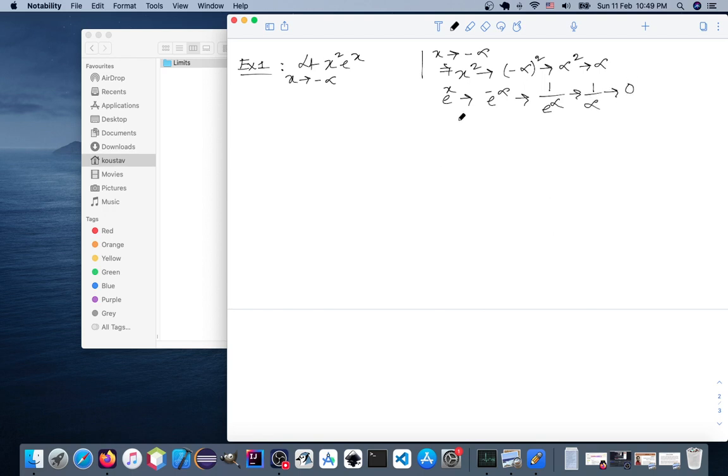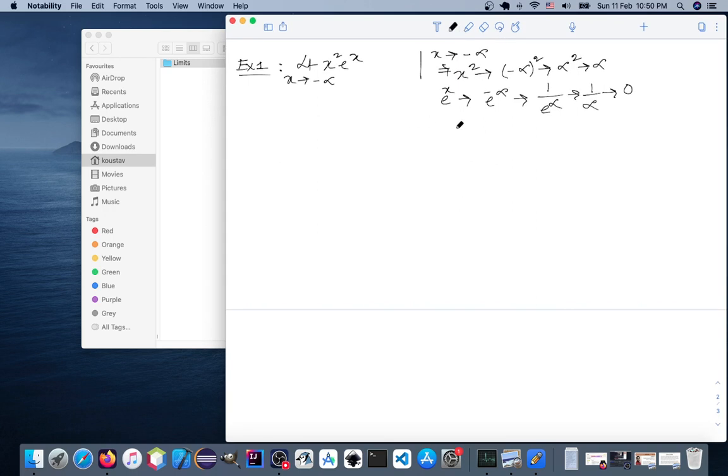So the form is infinity into 0 form. Now, step 1, we have to transform this into either 0 by 0 or infinity by infinity form.